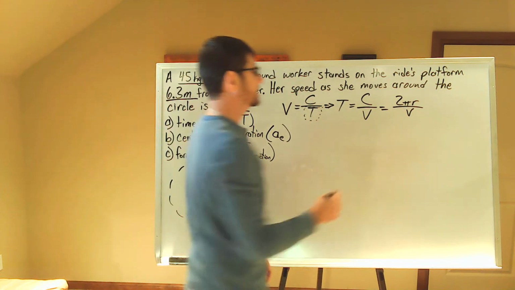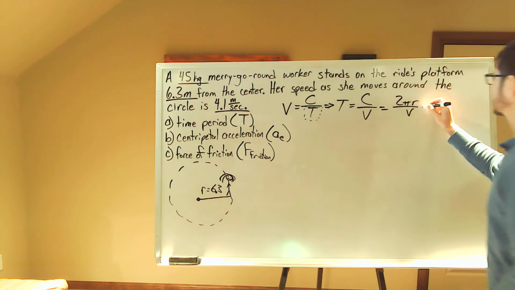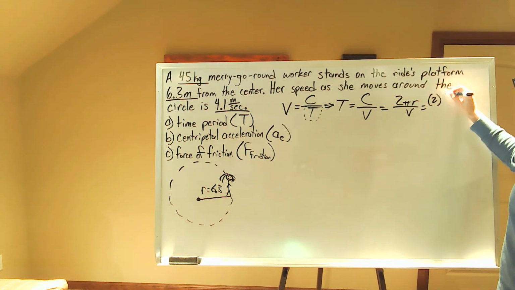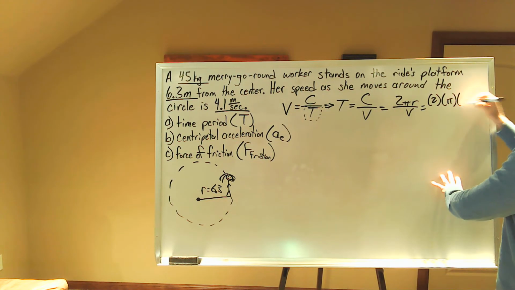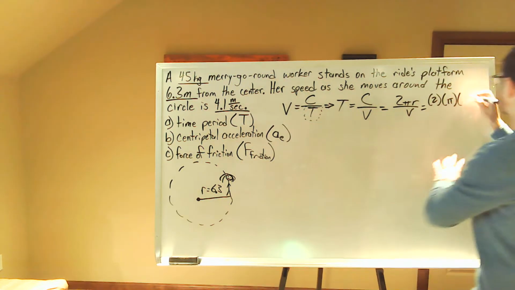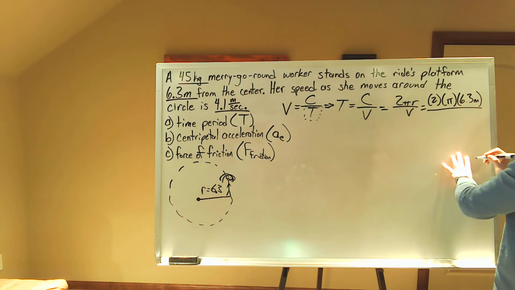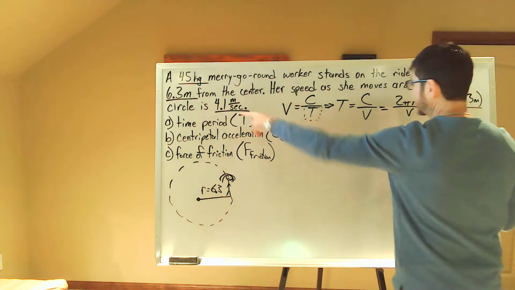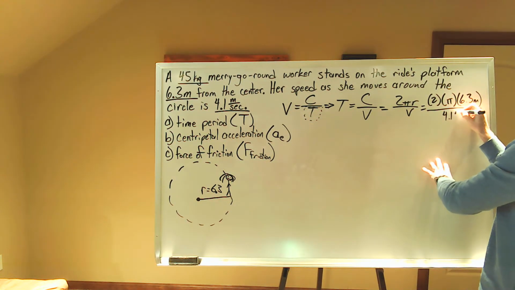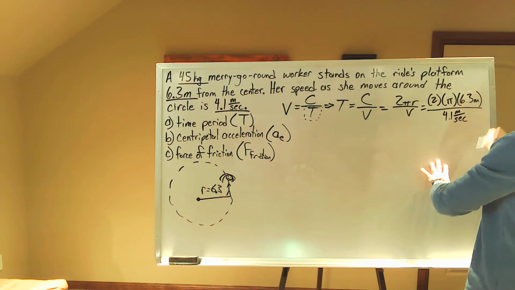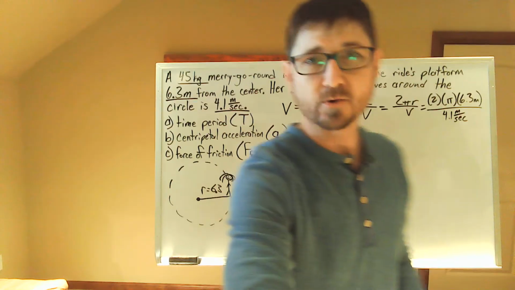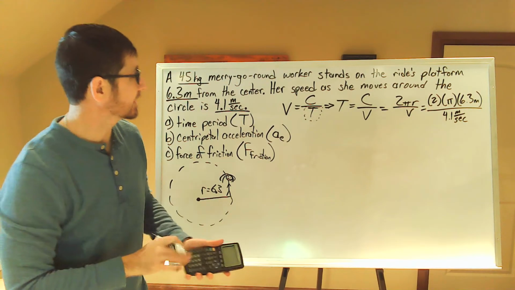So this is going to give us 2 pi, and the radius is 6.3 meters. And we're going to divide this by the velocity. It tells us right here that that's 4.1 meters per second. Okay, so let's go ahead and grab our calculator here.